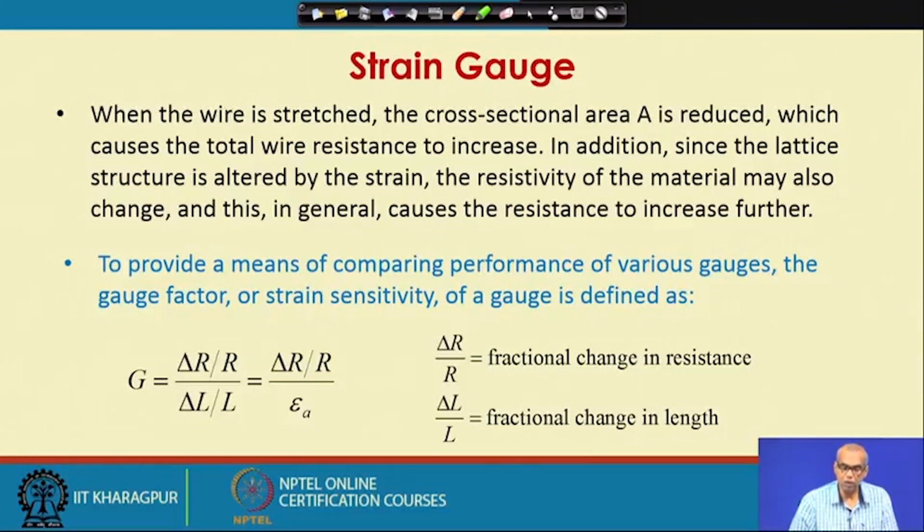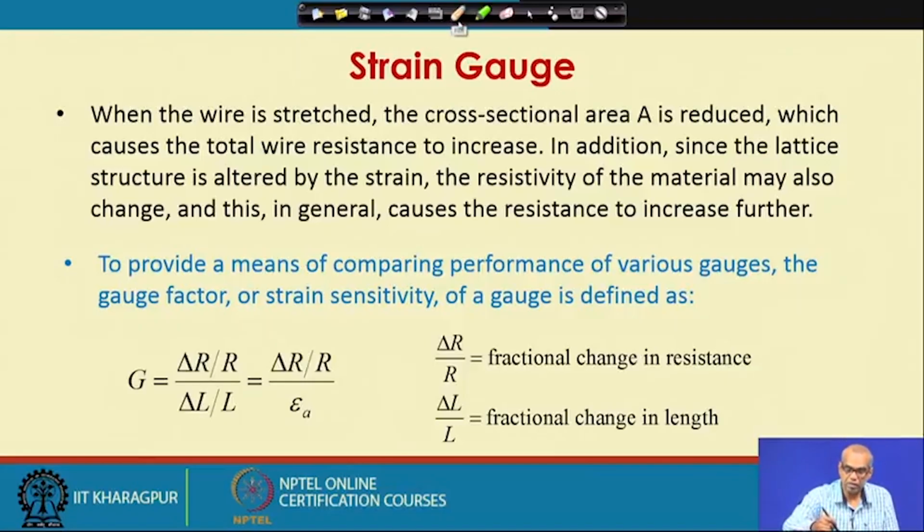Resistive strain gauge or resistance strain gauge can be made of various conducting materials. Commonly used wires are copper nickel, chrome nickel, nickel iron alloys. Now, to provide a means of comparing performance of various strain gauges, we define something called gauge factor or strain sensitivity.